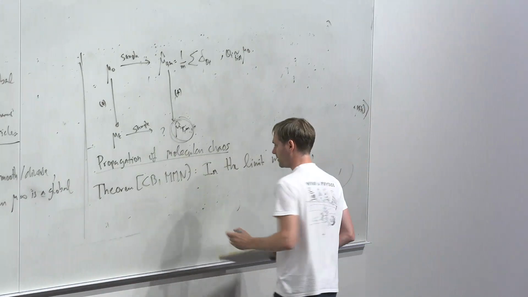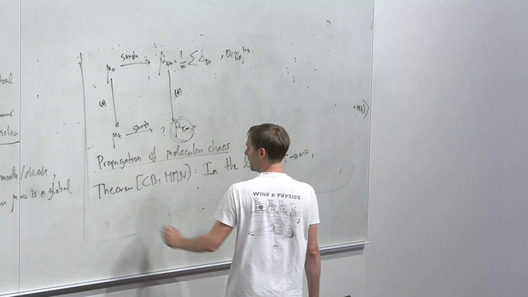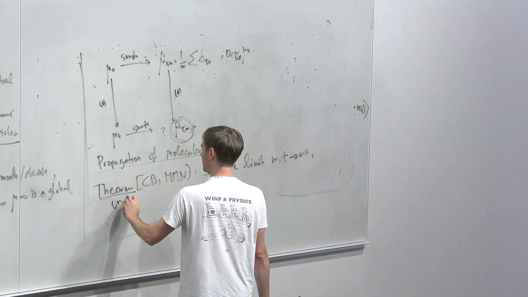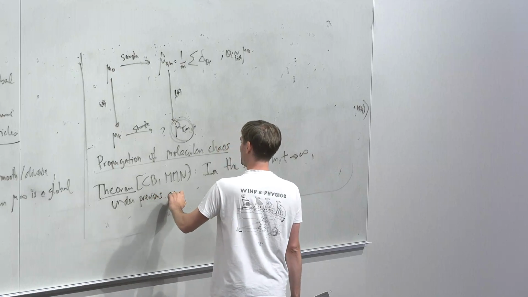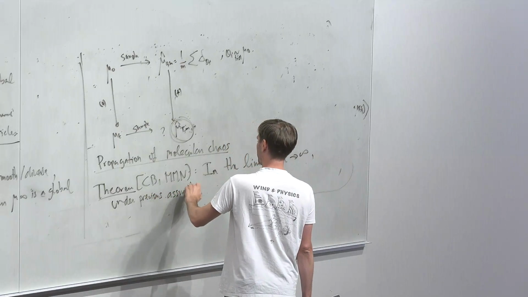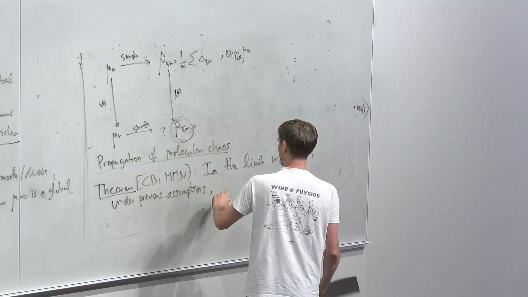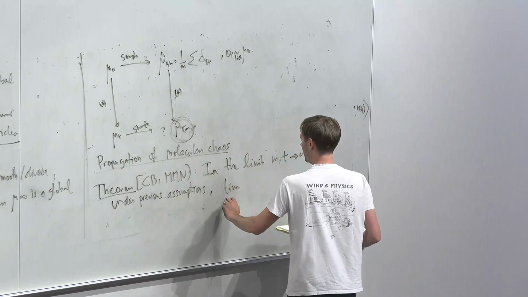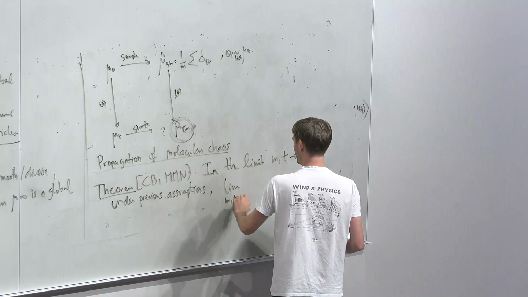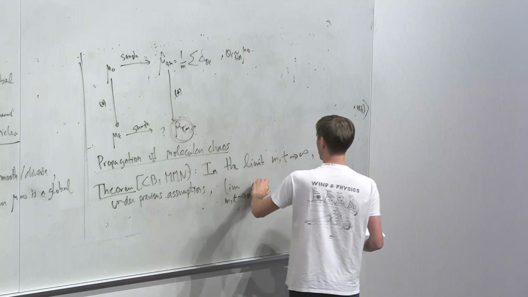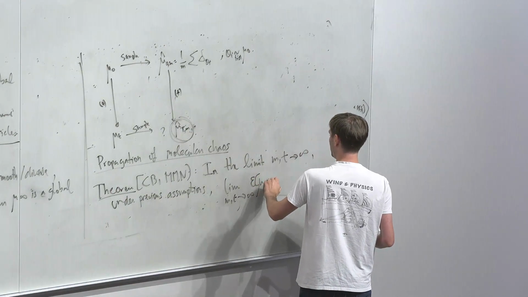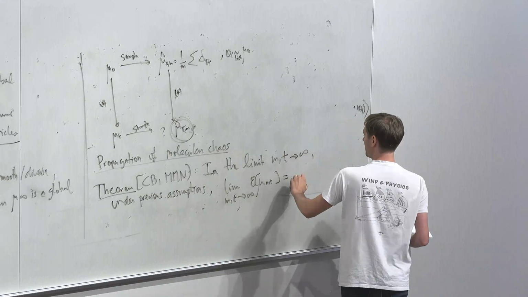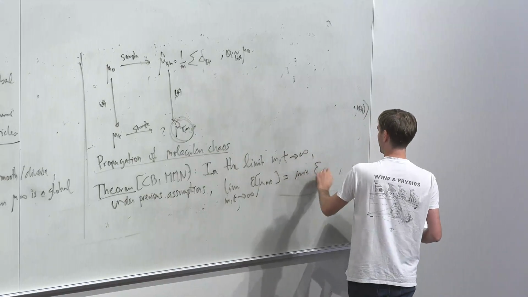So in other words, under the previous assumptions, the limit commutes: with m and t going to infinity, the limit of the energy of m and t is actually the mean of energy.